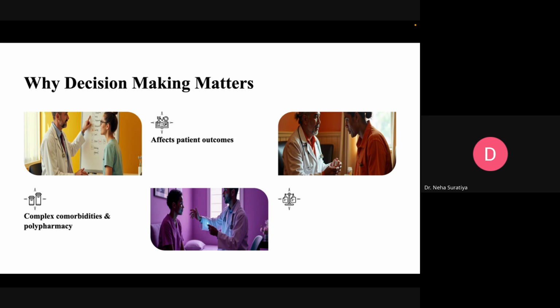Also, in cases of complex comorbidities, where the patient is suffering from more than two conditions, and in cases of polypharmacy. Let me tell you, polypharmacy is the biggest challenge in India right now. If you are following current affairs of pharmacy, you should be aware that polypharmacy is the biggest drug-related problem in India right now, because in every elderly patient you observe, everyone has a polypharmacy case.